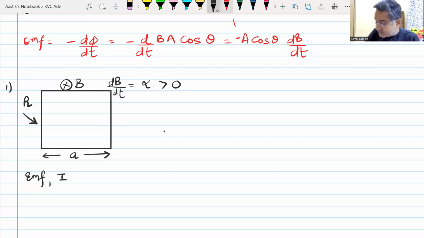It will be anti-clockwise. Obviously, if not clockwise, it is going to be anti-clockwise. Can you make me understand why it is anti-clockwise?